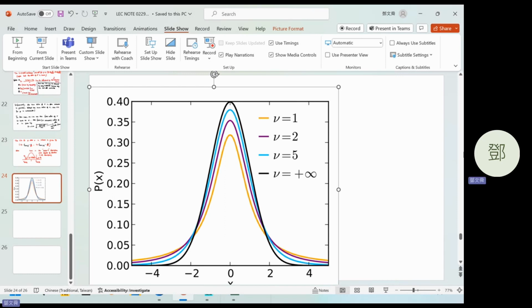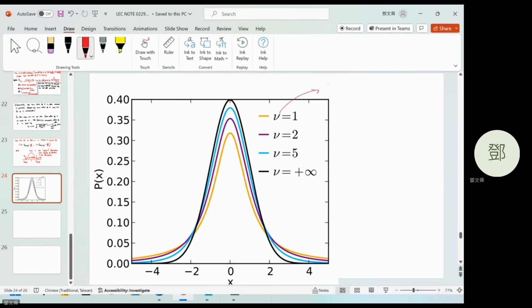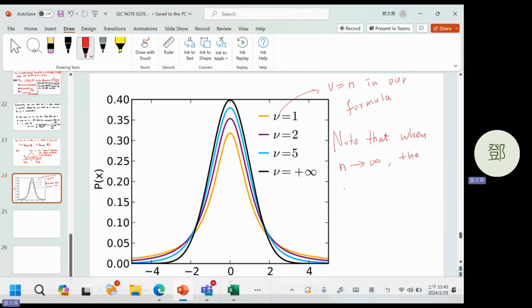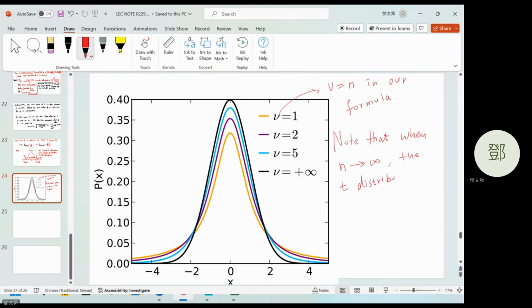The same as n. In our formula, we know that when n goes to infinity, the t distribution, T infinity equals the standard normal distribution.